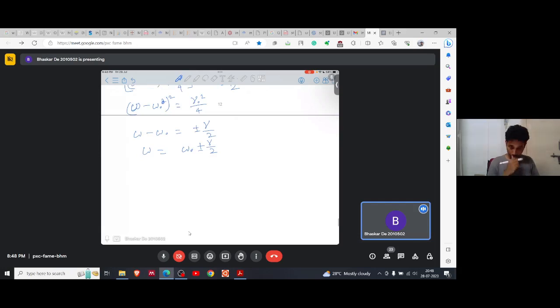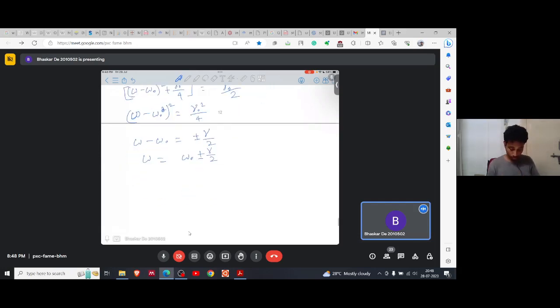So that means it is giving two values of omega. So this is I omega, this is the Lorentzian, this is the I max, that is at omega naught, then omega naught minus gamma by 2 will be at this side, and omega naught plus gamma by 2 will be at that side.